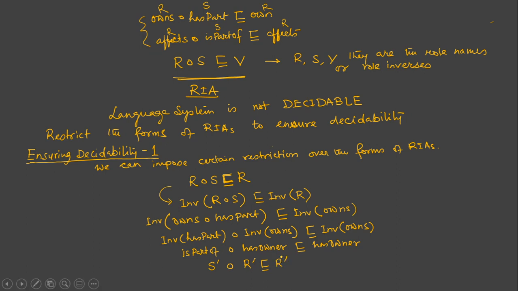So what are the kind of forms that we see here? What are the kind of allowed forms we can see here? So this is the restriction one. The RIA should be of either of the following forms.